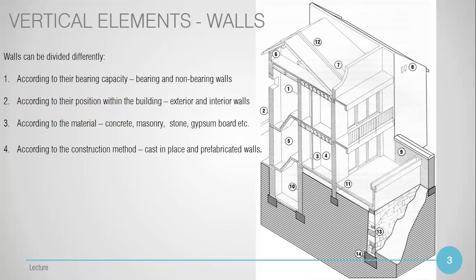As we said before, bearing walls are usually made of reinforced concrete, and in residential buildings their depth, so the thickness of the wall, ranges from 20 to 30 centimeters. It doesn't mean it cannot be thinner or thicker, but the approximate thickness is from 20 to 30.